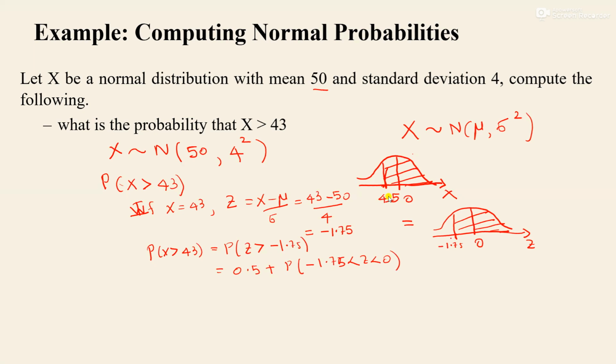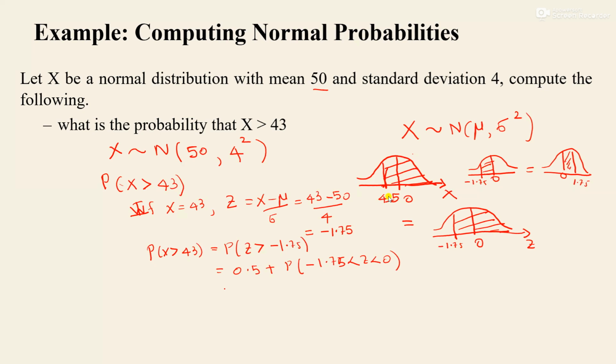But in the table we have positive values. So because of the symmetrical property, the area from minus 1.75 to 0 is equal to the area from 0 to plus 1.75, because this standard normal distribution is symmetrical about the mean.